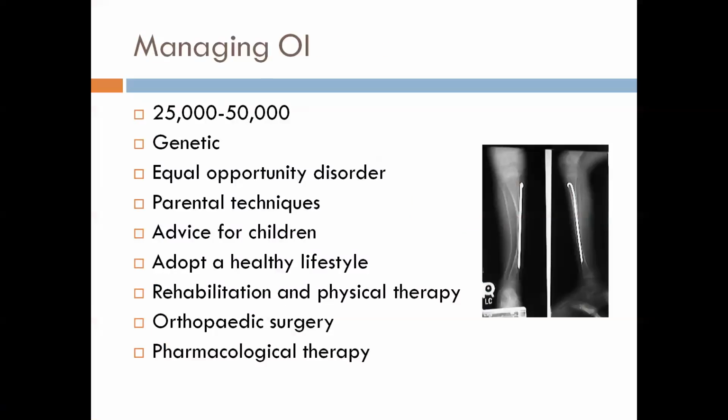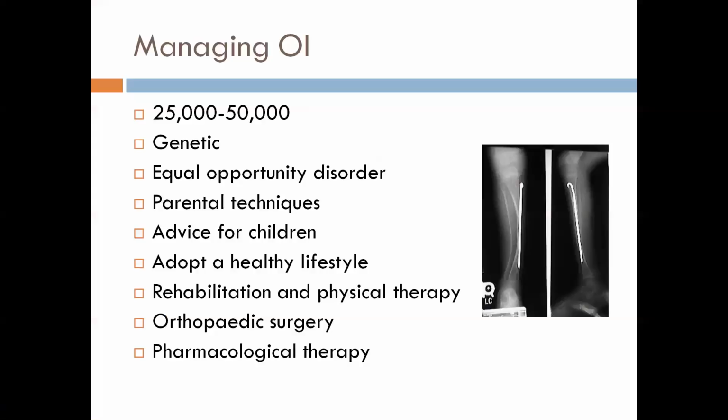So managing osteogenesis imperfecta, about 25,000 to 50,000 cases are reported, and it's such a wide number because a lot of the more mild cases sometimes go undiagnosed. Sometimes they get missed because they can be so mild. It is a genetic disorder.